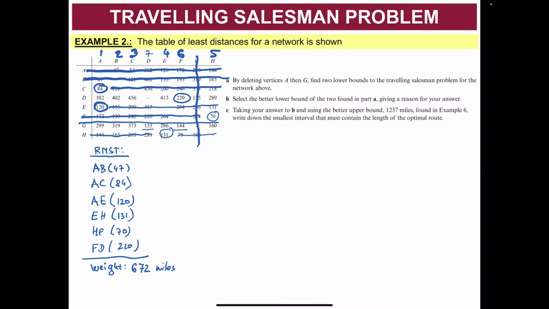Okay, and then I can draw it. So I would have A, and B, and C, and E, because E continues to H, so I put it on the right side.